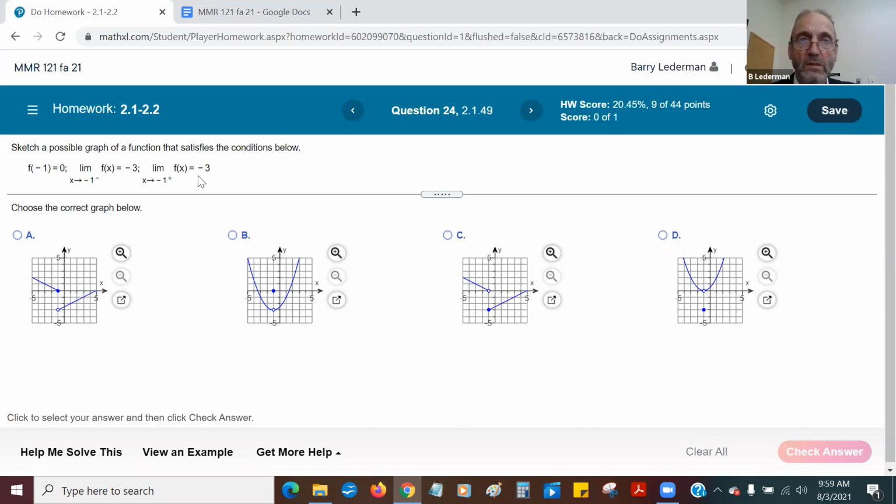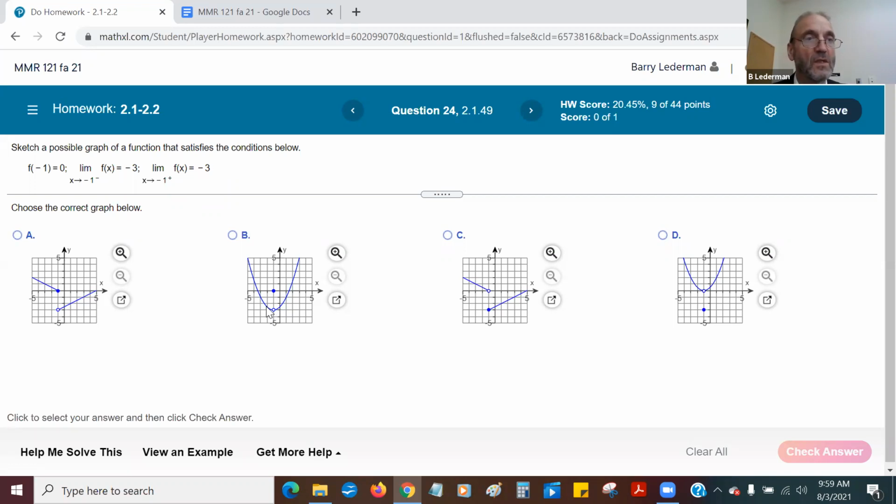Which one would that be? X approaches -1. I would say B. So when x approaches -1, we get, I think, around -3.